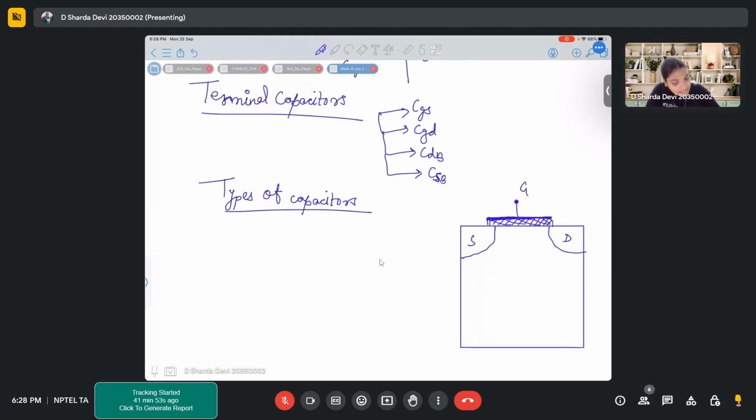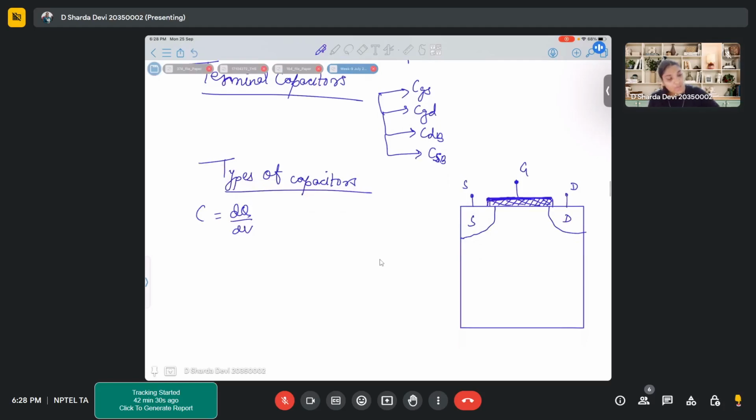By looking at this particular MOS structure, can you say what are the different types of capacitors that we observe? What is capacitance, first of all? dQ by dV, right? Wherever there is a change in charge for a change in voltage, we call it a capacitor.